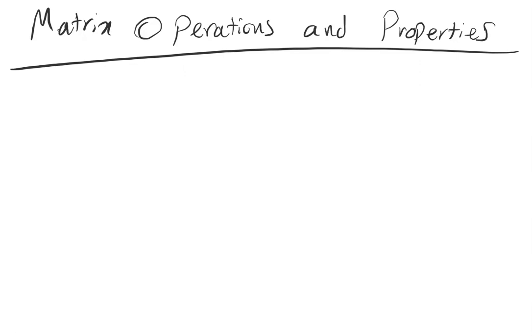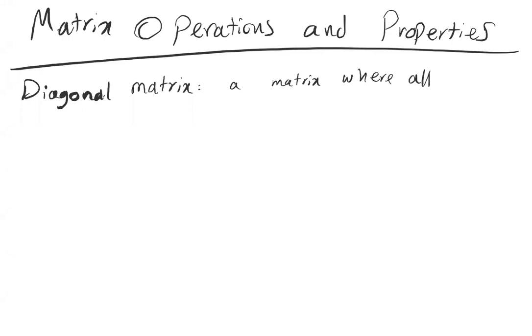So let's start with diagonal matrices. A diagonal matrix is a matrix where all non-diagonal elements are 0.